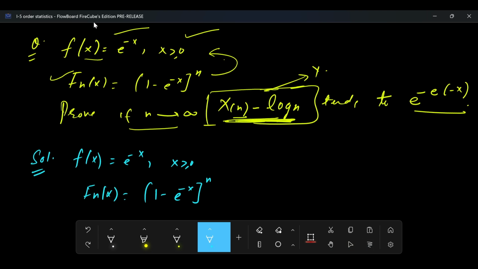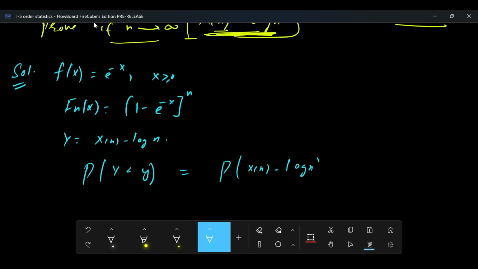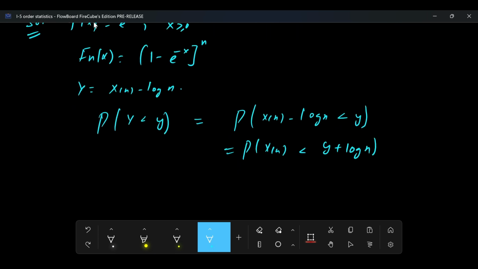Now, if we find the CDF of xn minus log n, what will it be? y is equal to xn minus log n. We have to make this tend to the limit. So if I write probability y is less than small y, which is equal to probability xn minus log n is less than y. So which is equal to probability xn is less than y plus log n. Clear?